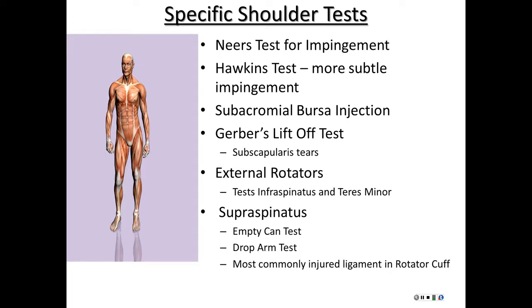And if you have your hand up, you're going to have somebody try to resist you as you push forward or pull back on the arm, and see if that causes pain in the rotator cuff area.